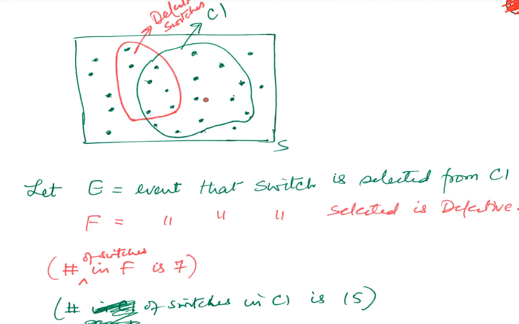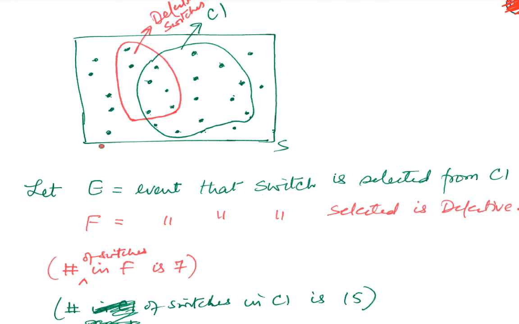Inside is every switch from Company 1 and outside is from Company 2. The other characteristic is that switches can be defective or non-defective. The red ones are the defective ones. They can come from Company 1 or Company 2. The ones inside the red are defective, the ones outside are non-defective.